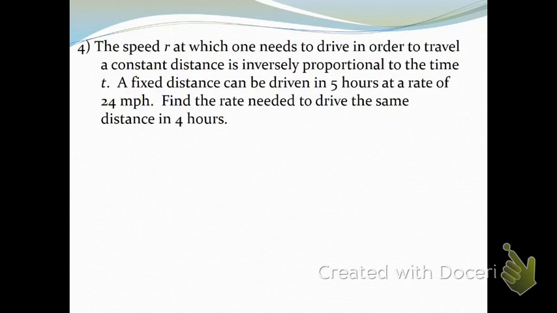All right, let's take one and apply it now. The speed r at which one needs to drive in order to travel a constant distance, think about it, t equals distance divided by rate.